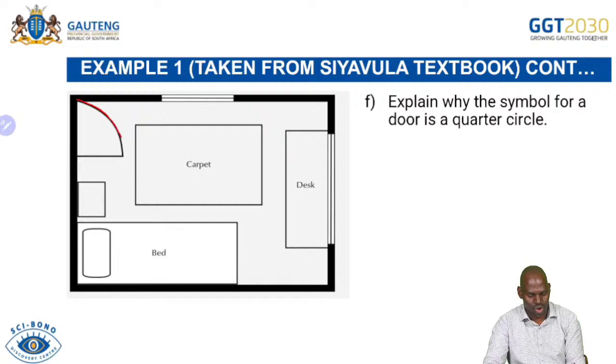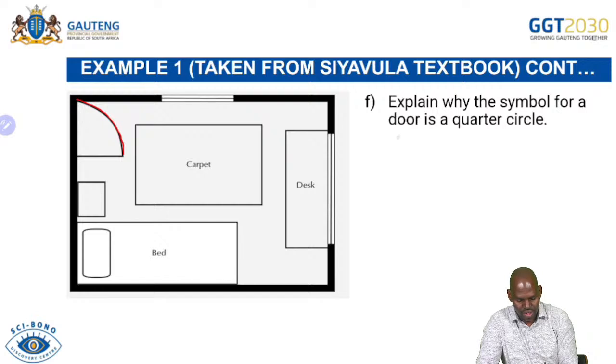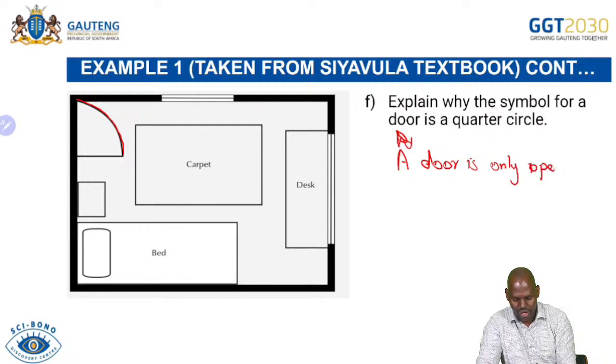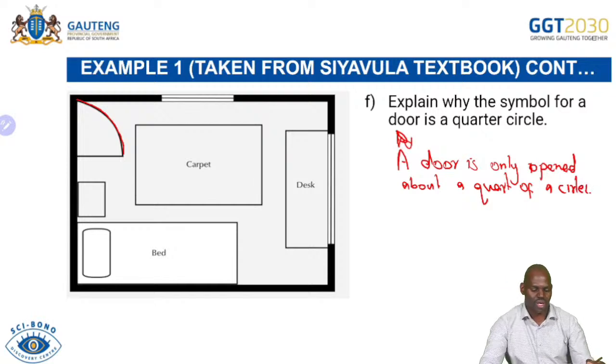Okay, a door only opens about a quarter of a circle. So that is why the symbol of a quarter of a circle is used.